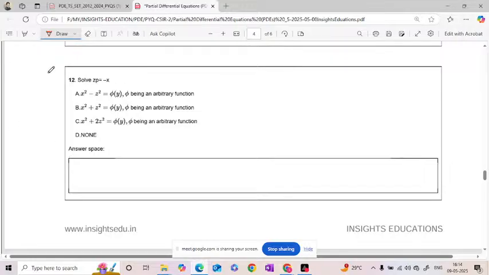Okay, here we can apply both. We can apply the Lagrange method or Charpit's method, because for non-linear differential equation we have to apply only Charpit's method, but for the rest we can apply both, either the first one or the second one.